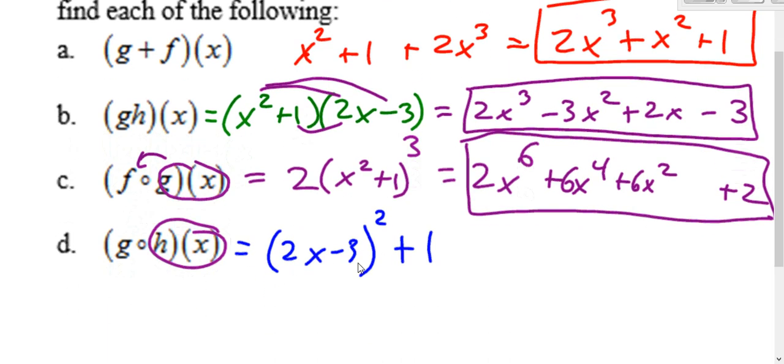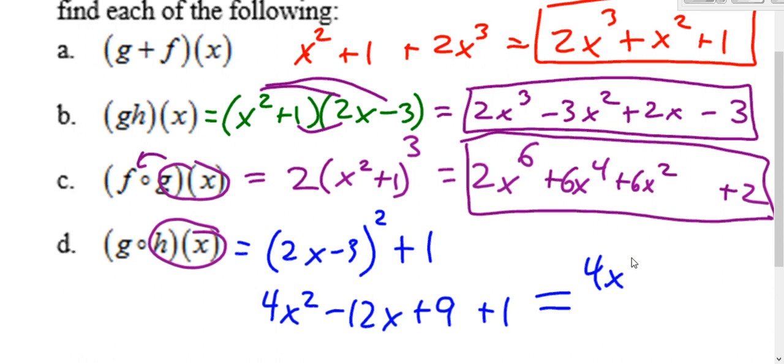That's 2x minus 3 times 2x minus 3. So you multiply out, you get 4x squared minus 12x plus 9 plus 1. Combine like terms, get plus 10.